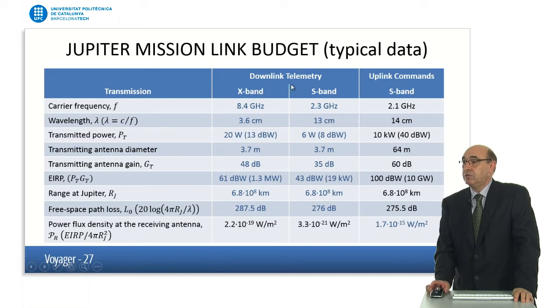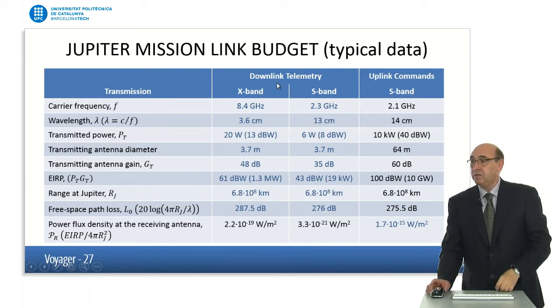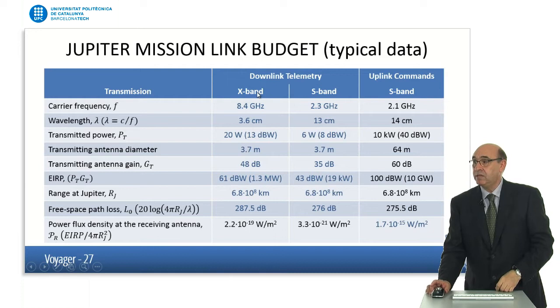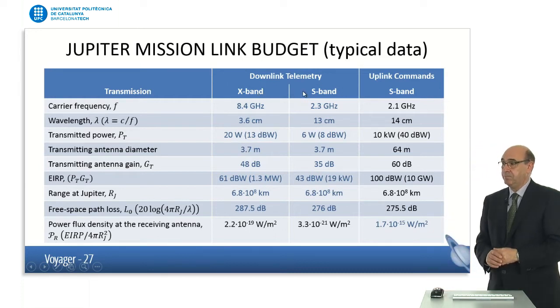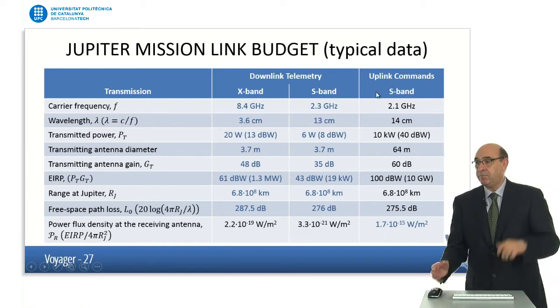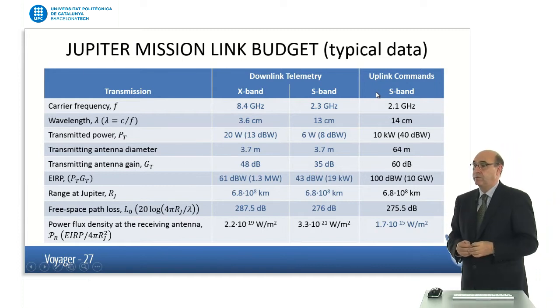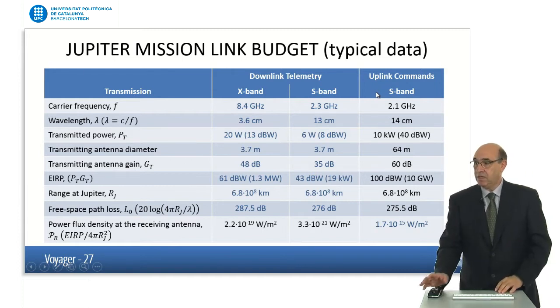The first 2 are for downlink, for the data that is being sent from the Voyager to Earth. And here you have at 8 GHz and 2 GHz, X-band and S-band. And on the third column here, we have the uplink, that's from the ground station to the Voyager. And this is at S-band.